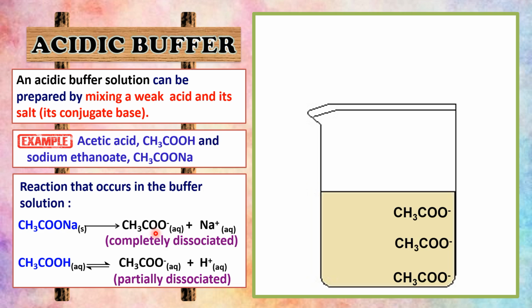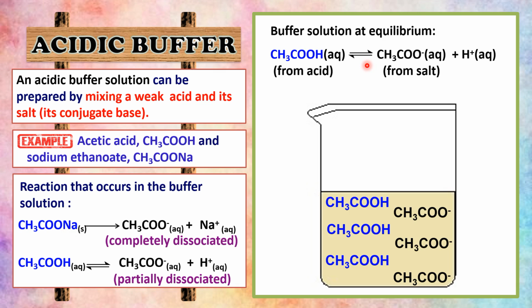However, between these two reactions, the ethanoate ion is mainly produced by the dissociation of salt, since salt can completely dissociate, whereas the weak acid only partially dissociates. We can conclude that at equilibrium, an acidic buffer contains weak acid and its salt, that is the conjugate base.